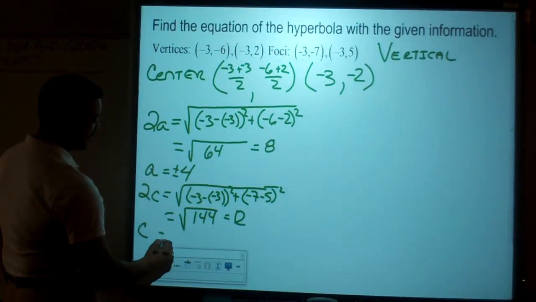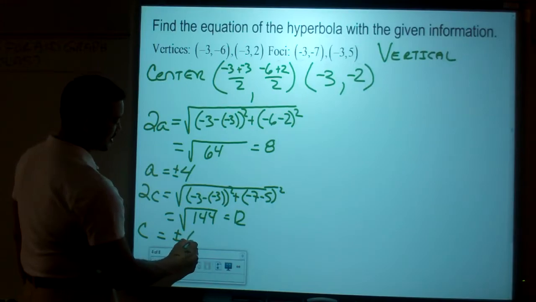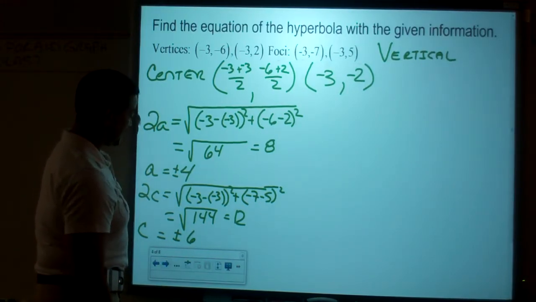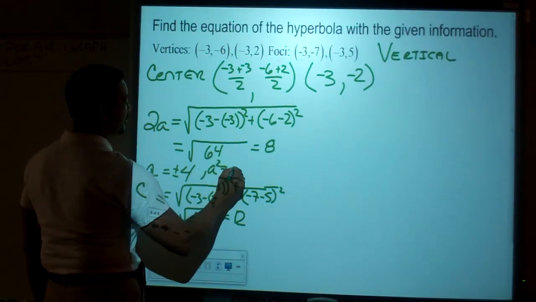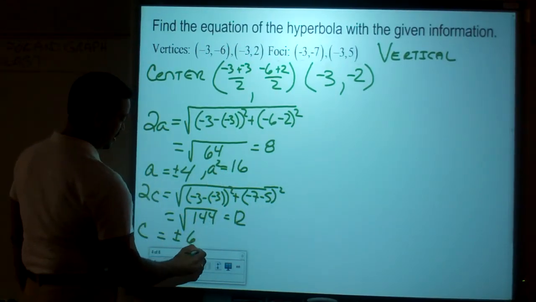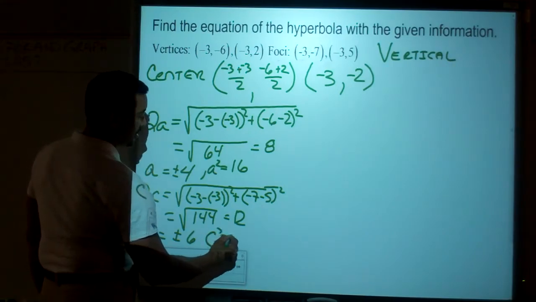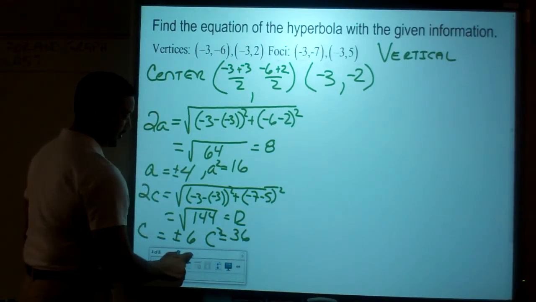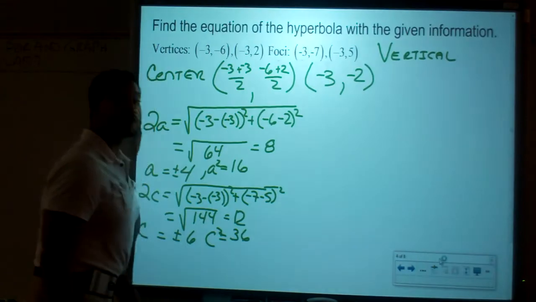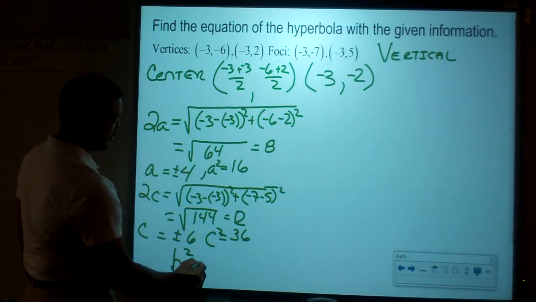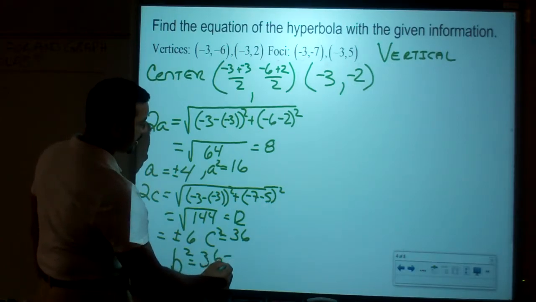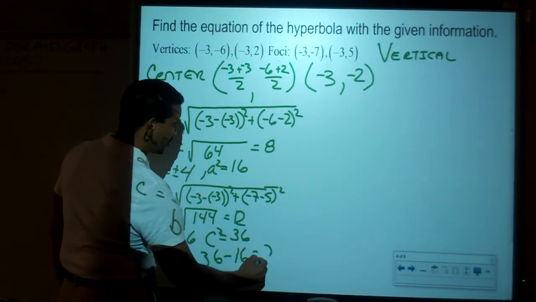So c is going to be equal to plus and minus 6. So in this case, a squared is 16. c squared is 36. And of course we can find b squared. b squared is going to be equal to c squared minus a squared, which gives us 20.